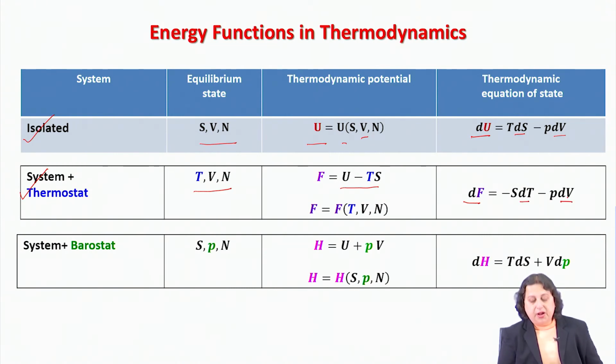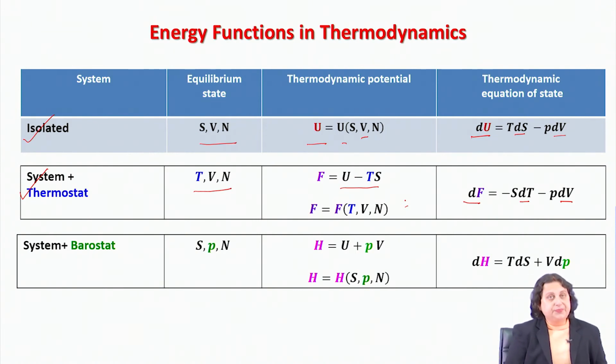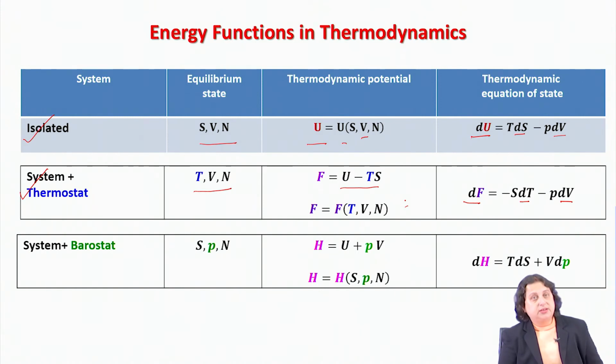Therefore, I would say that F as a function of T, V, and N defines the thermodynamic potential for a system which is connected to a thermostat and is being maintained at a given temperature, volume, and number of particles.